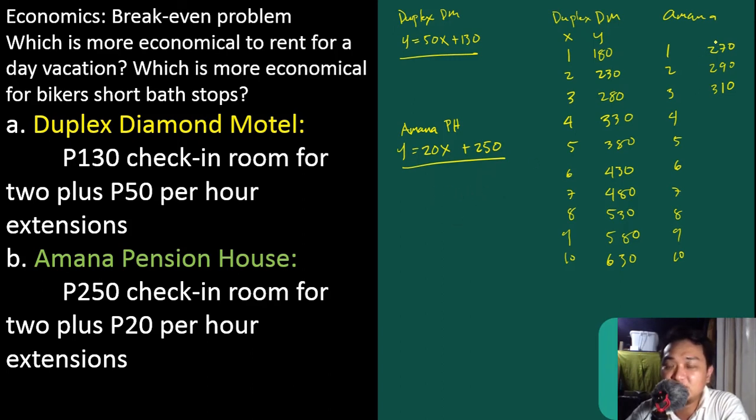Okay. So, tingnan natin kung may pattern tayo. Yung kasunod niya, 310, that will be 330. So, meaning, dinadagdagan lang natin ito ng dinadagdagan ng 20.